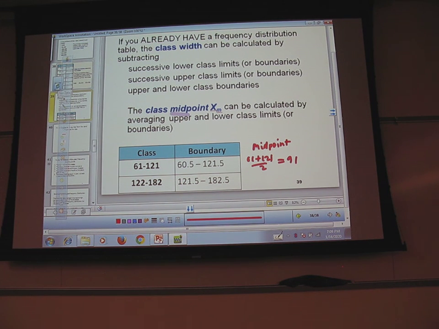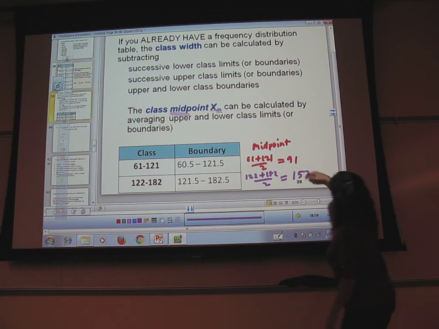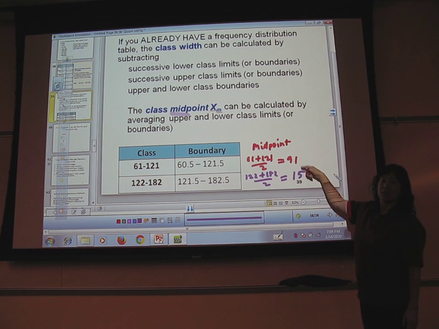How did I find this one? 122 plus 182 divided by 2, 152. Good. And what did I say my class width was for these guys? 61. How far apart are these? 61.